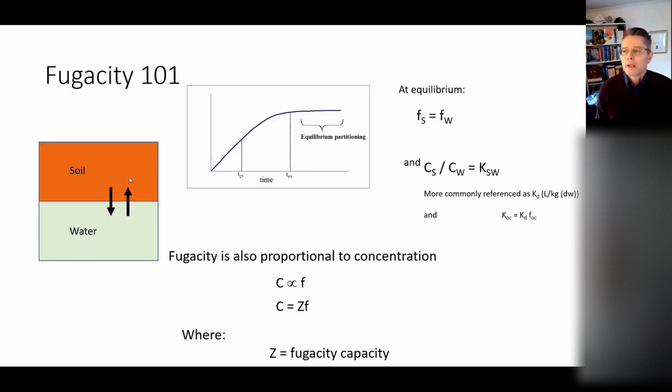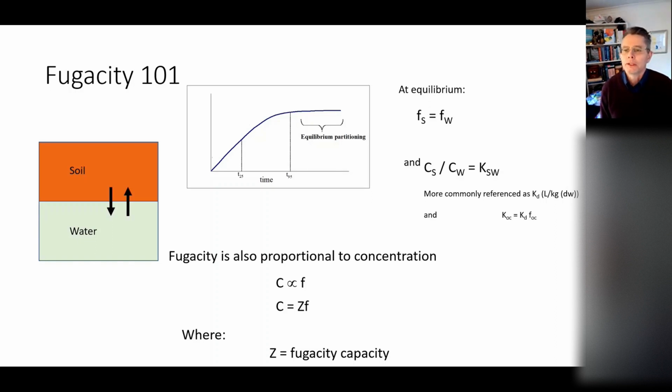Continuing on this theme of trying to understand what Fugacity is, at equilibrium the Fugacity between a soil and water, for instance, will be equal. When equilibrium occurs, we can take the ratio of the concentrations in the soil and the water to derive a soil-water partition coefficient.